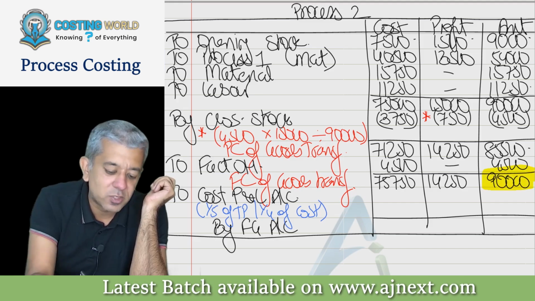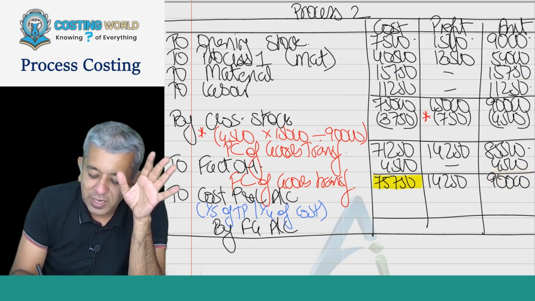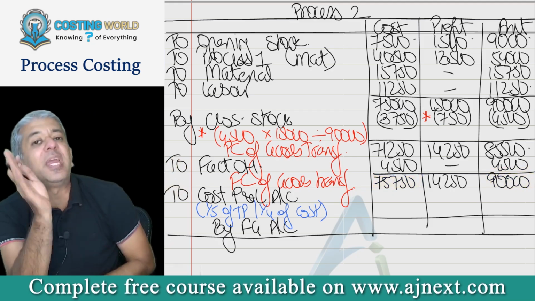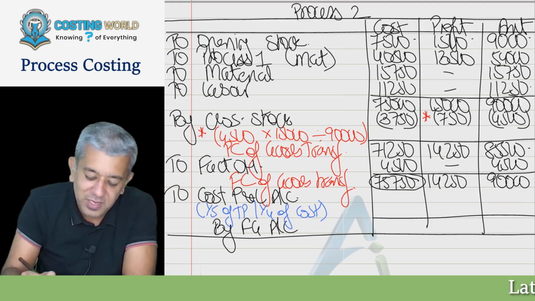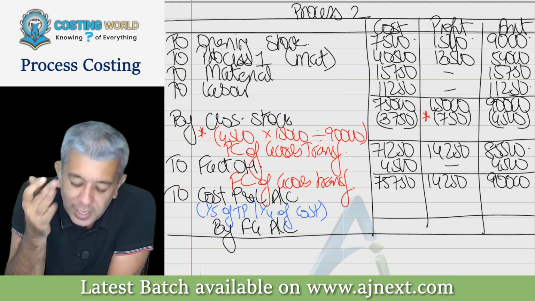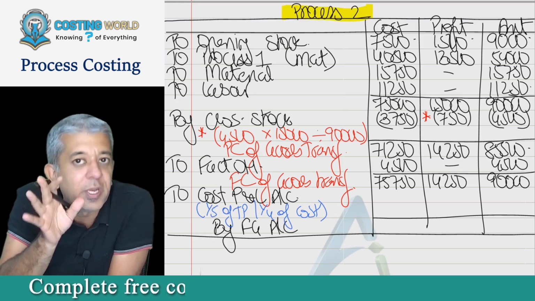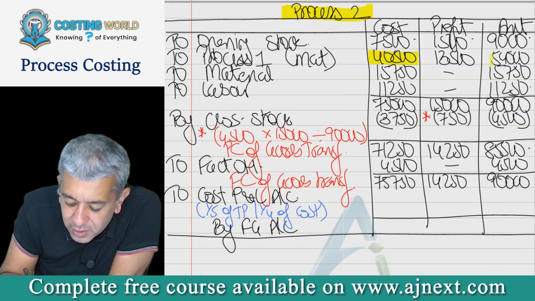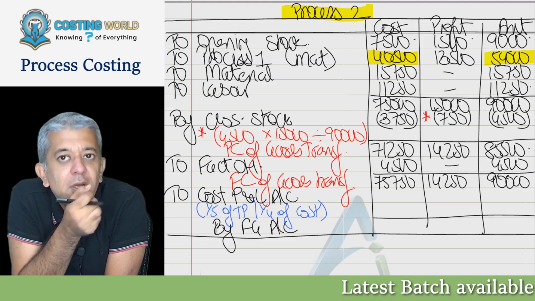If I ever ask you, what is the cost of P2? Is it 75,750 or 90,000? What is the cost of P2? 90,000. This 75,750 is the cost to the company. If that is not okay, tell me, P1 had transferred the goods to P2. What is the cost of P2? Is it 40,500 or 54,000? 54,000.